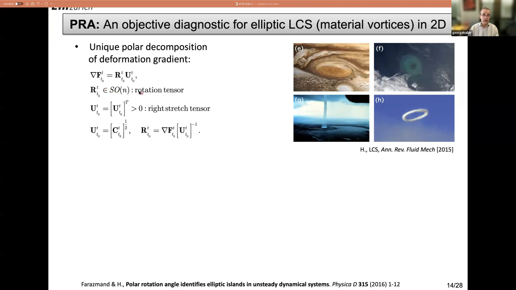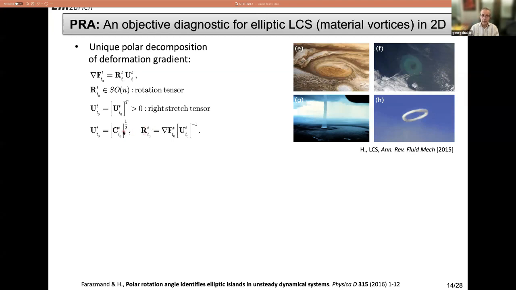The rotation is a rotation tensor, again Lagrangian, between t naught and t. Continuum mechanics calls the other factor the right stretch tensor, which is symmetric and positive definite. Once you have these formulas, you can get to this tensor very quickly. Once you have the Cauchy-Green strain tensor, you just have to take its square root. It's positive definite, therefore you can take its square root.